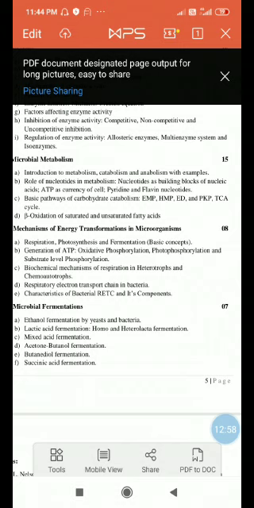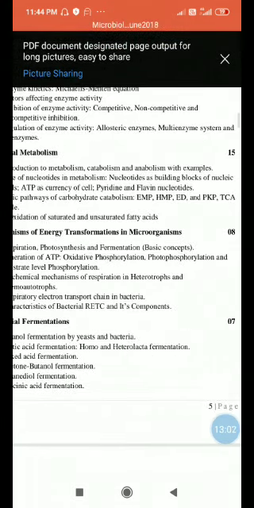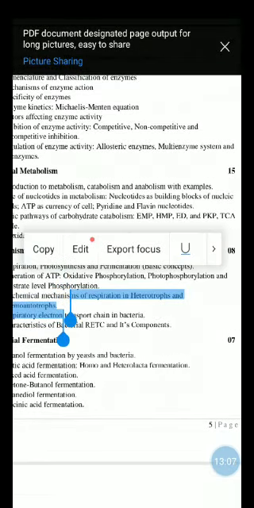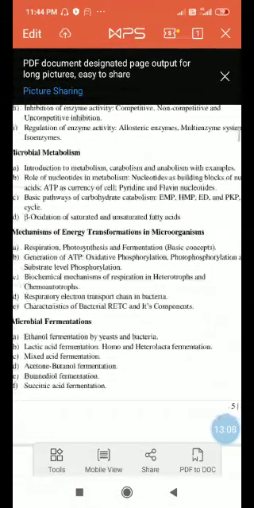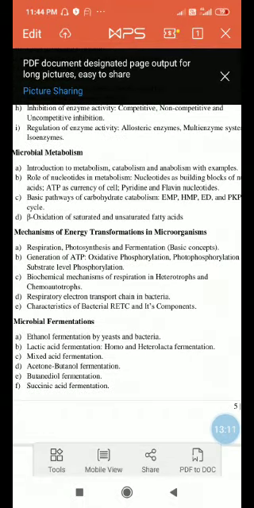B, role of nucleotides in metabolism. Nucleotides as building blocks of nucleic acids. ATP as the currency of the cell, pyridine and flavin nucleotides.